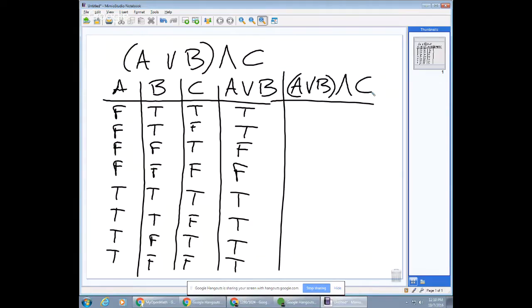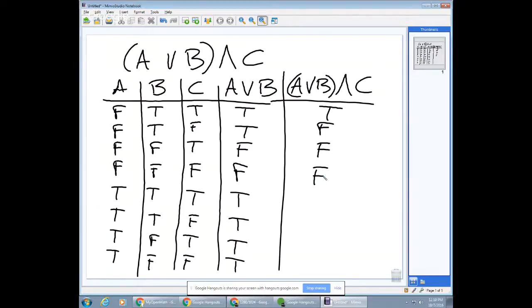Okay, so now we're just comparing these last 2 columns here. So true, true, and is true. False, true, and is false. They both have to be true for and to say true. What about true, false? And says false. False, false, and says false.